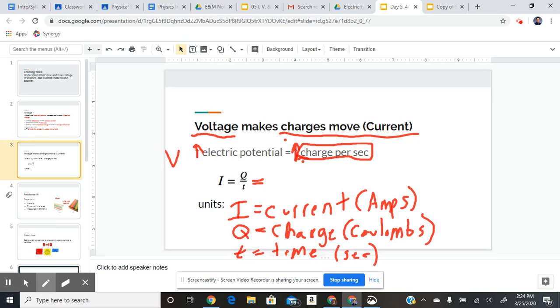So when you take the equation I equals Q divided by T, what you're really doing is taking coulombs divided by seconds, or coulombs per second, or charge per second. We will typically use the word amps for measuring current, though.